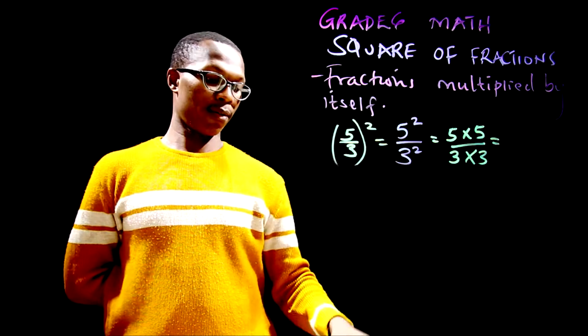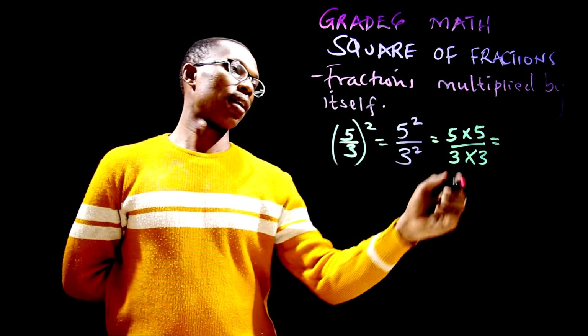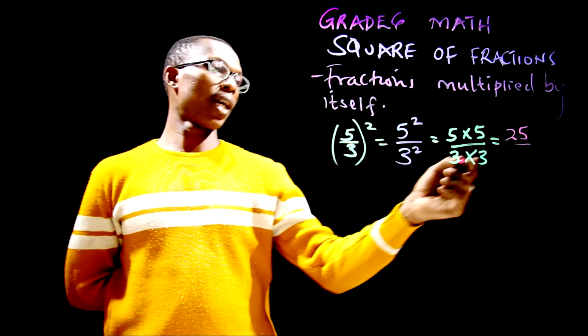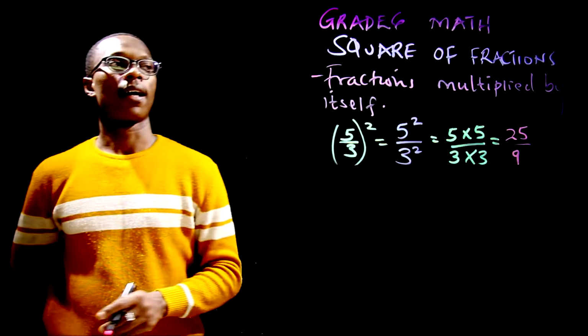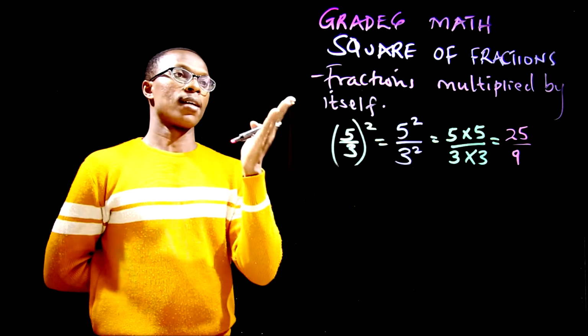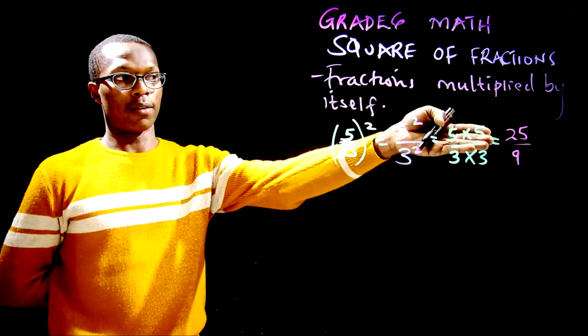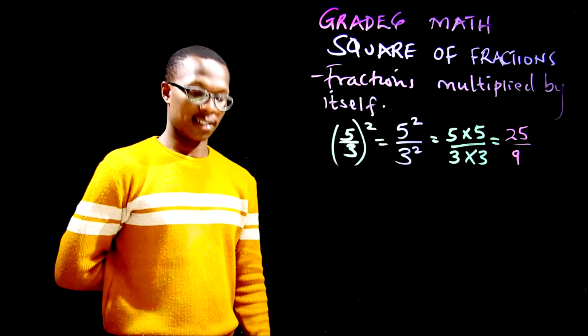So 5 times 5 gives 25, and 3 times 3 gives 9. The square of 5 over 3 is 25 over 9.